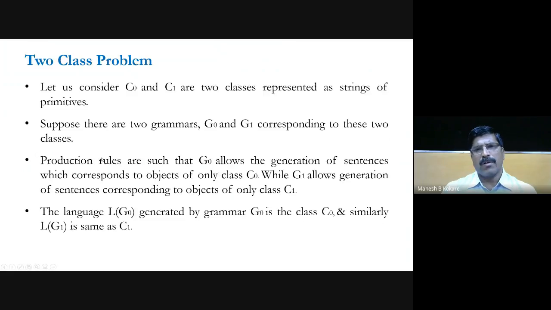The production rules are such that G0 allows generation of sentences which correspond to objects of only class C0. So the language generated by grammar G0 is the language of class C0, and similarly the language of G1 is the language of class C1.